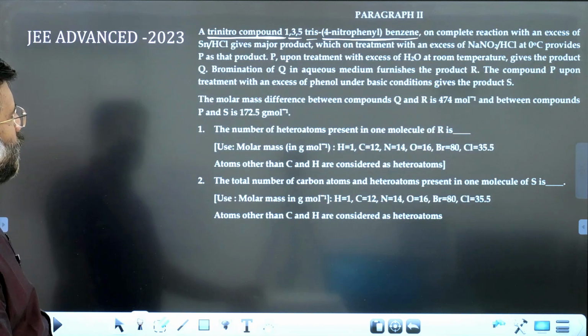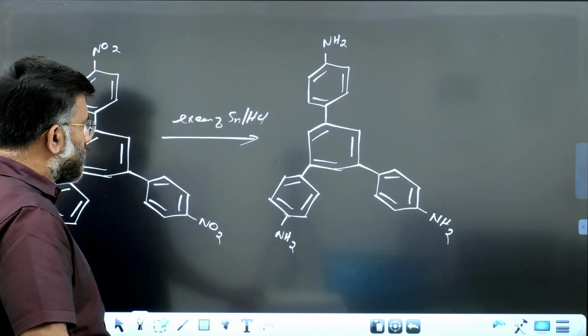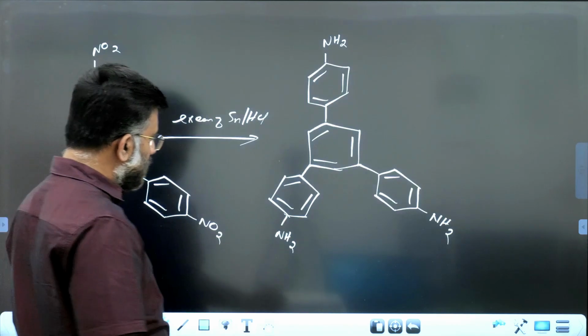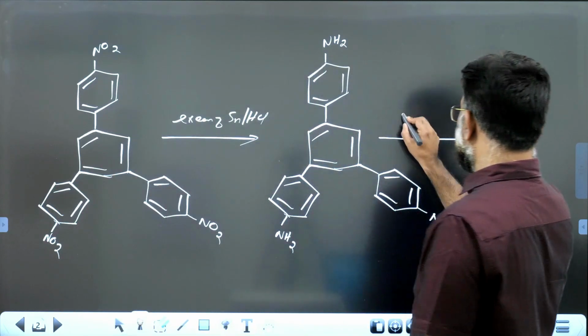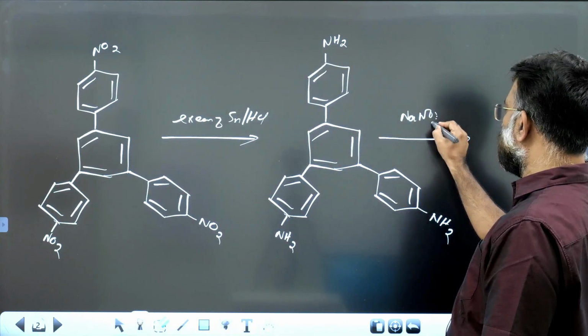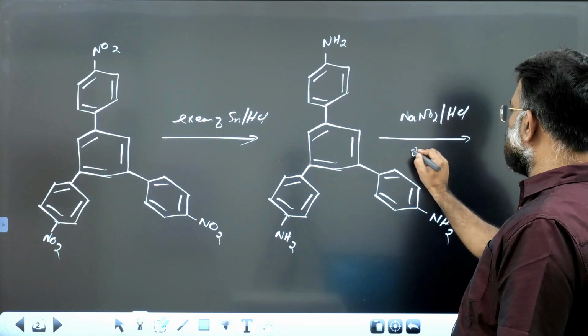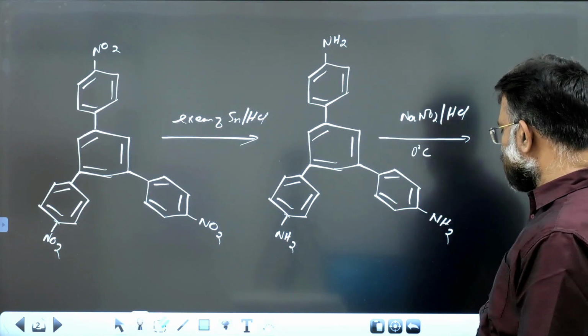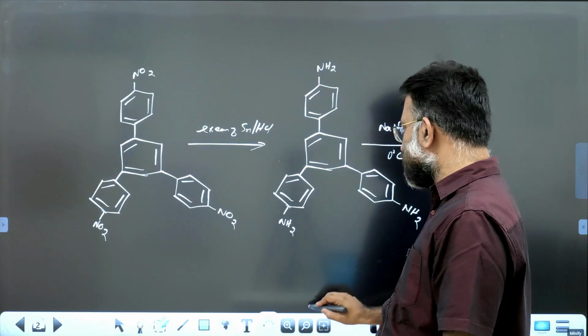Now, which on treatment with the excess of NaNO2/HCl at 0 degrees produces P as the product, that is diazotization. This is treated with NaNO2/HCl at 0 degrees Celsius. There will be a diazotization reaction.